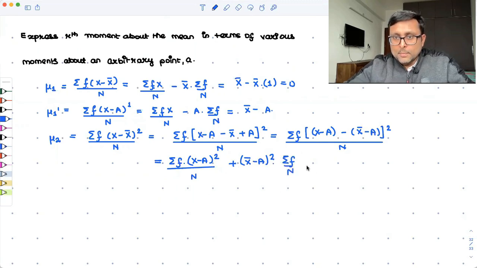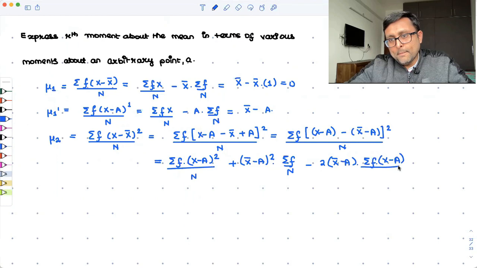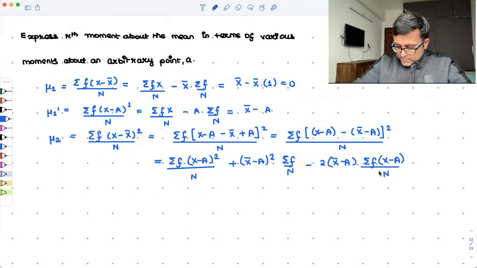Summation of f upon n minus 2, x bar minus a is a constant, summation of f into this guy, summation of f upon this guy, right?